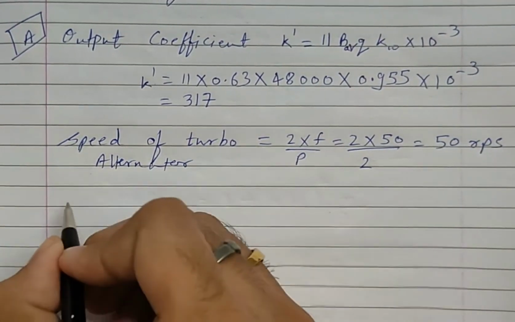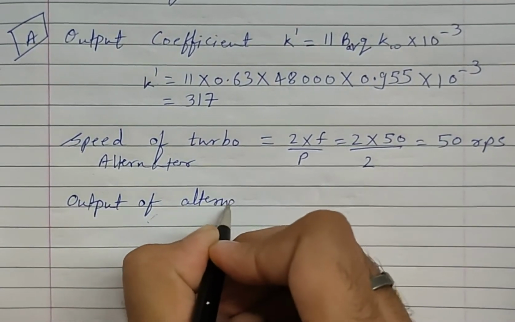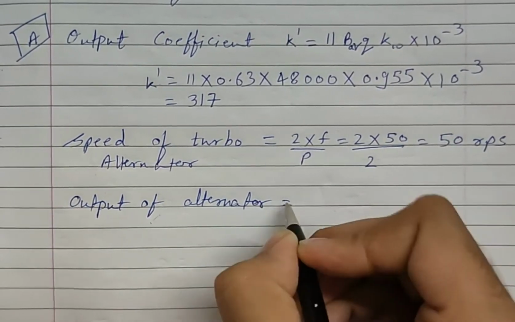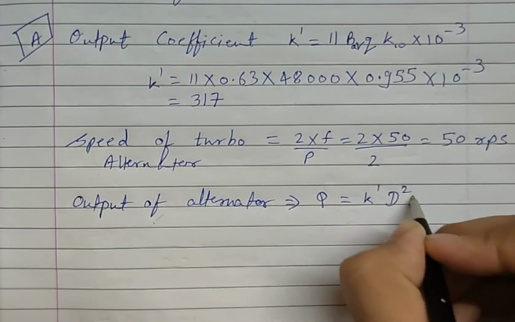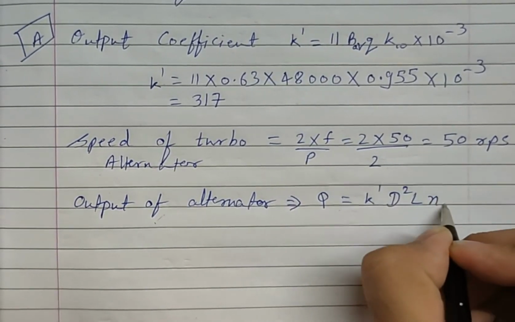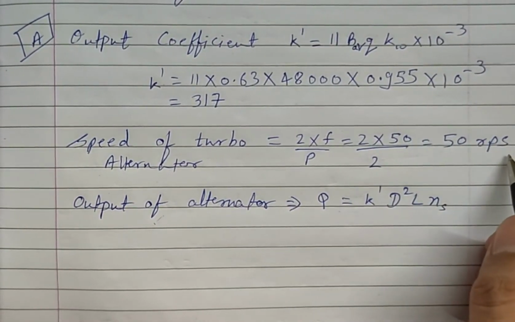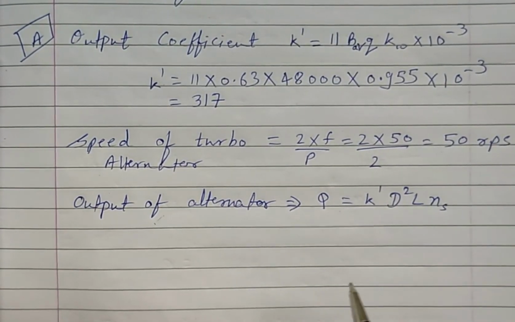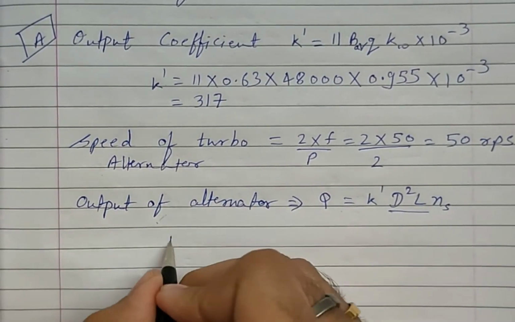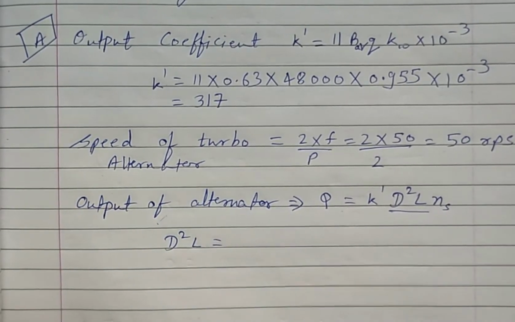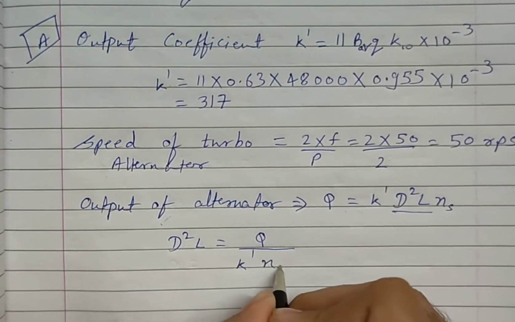Moving ahead to the output of the alternator, which is given by capital Q, which is equal to K dash into D square L into Ns. So this Ns is nothing but this 50 RPS. Therefore I can get this particular value from this equation. Making D square L the subject of the equation, I can write this as Q upon K dash into Ns.